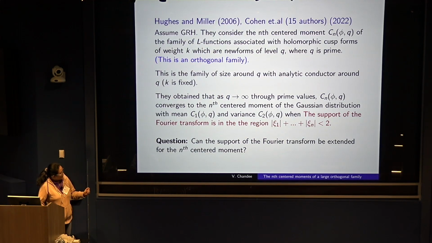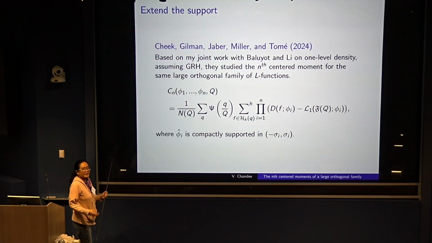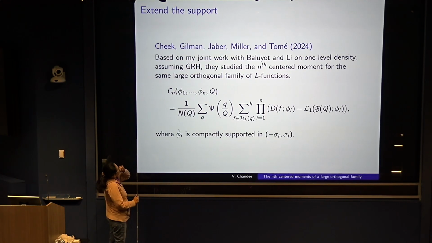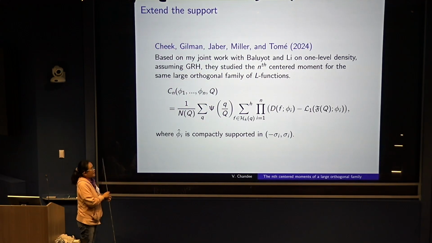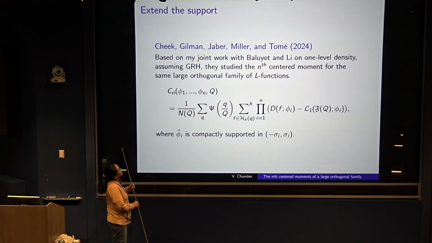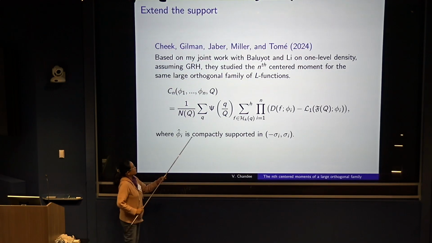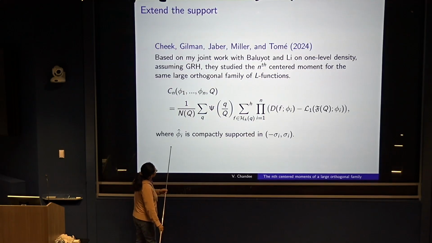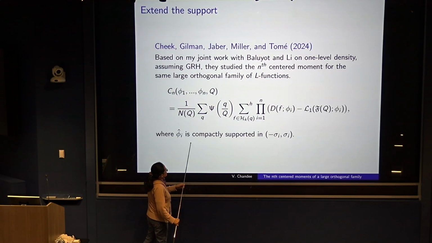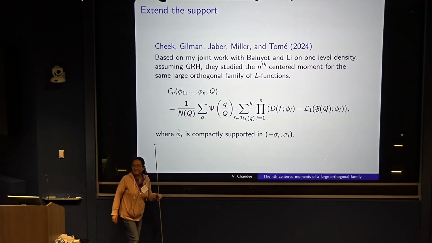All right. We have the one level density, where you can extend the support to 4/3. Last year, Miller's students Shi, Gilman, Jaber, Miller, and Tom looked at my work with Sig and Xiannan, and they studied the nth centered moment of this family. They look at f here and average over Q here, and phi i is now compactly supported between minus sigma i and sigma i.